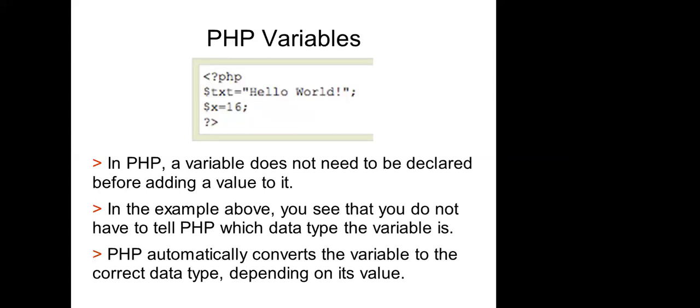In the example above, you see that you do not have to tell PHP which data type the variable is. PHP automatically converts the variable to the right type. We don't declare whether it is an integer, a string, or a boolean, these being the common data types. Even in JavaScript we don't give types, and here nothing is required.